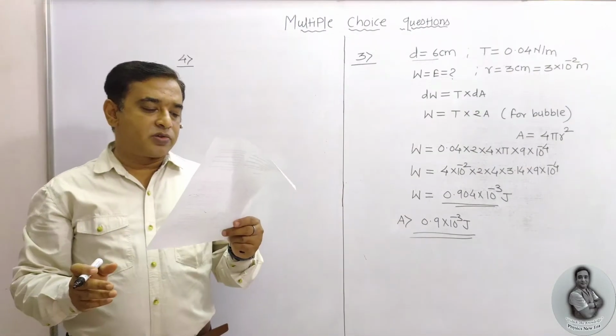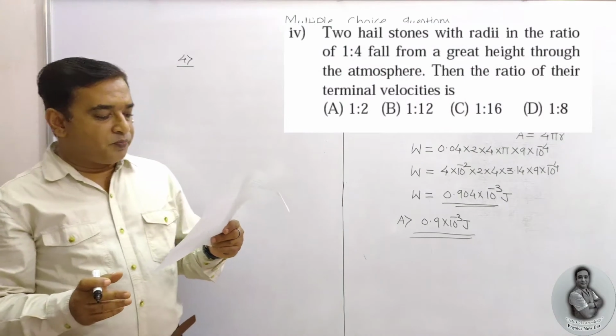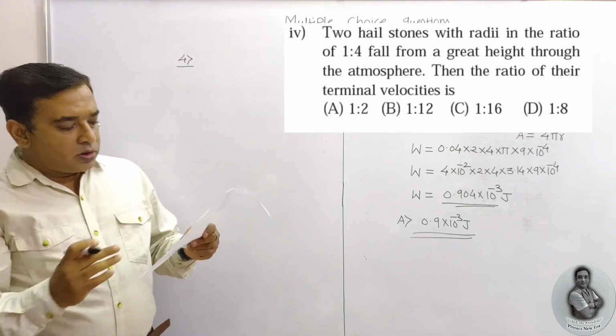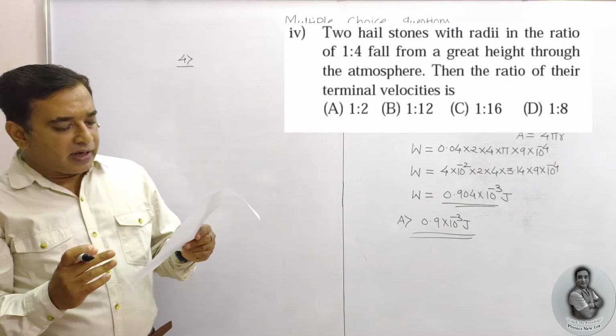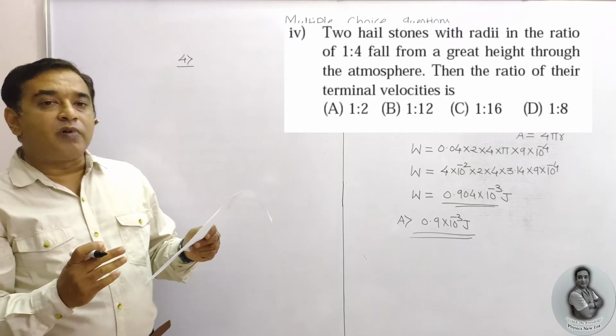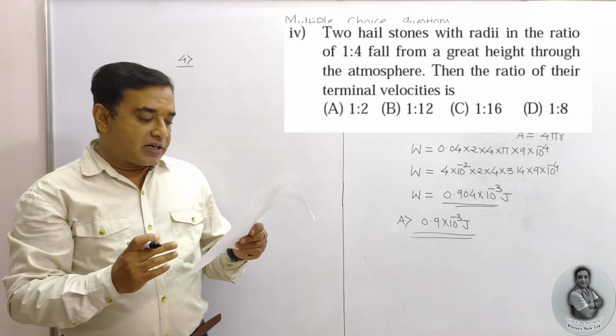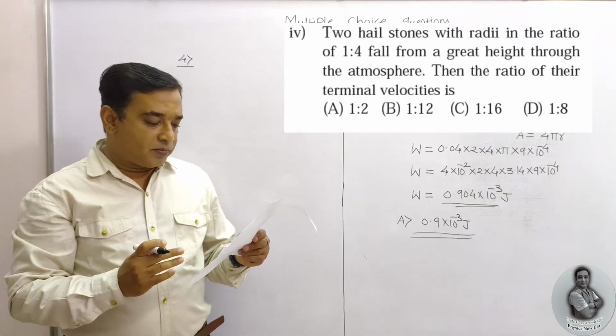Here I am going to read out the fourth MCQ. Two hailstones with radii in the ratio of 1:4 fall from a great height through the atmosphere.